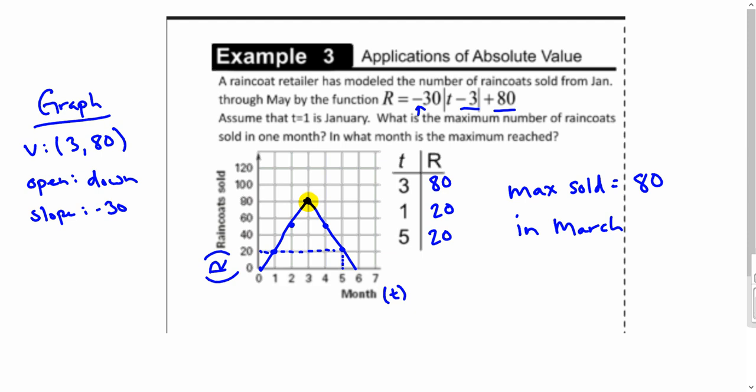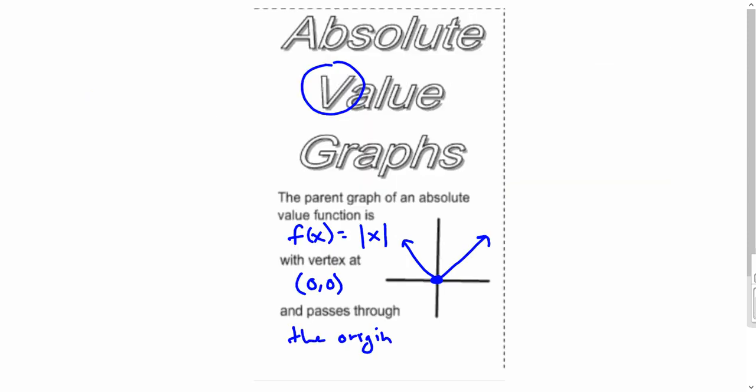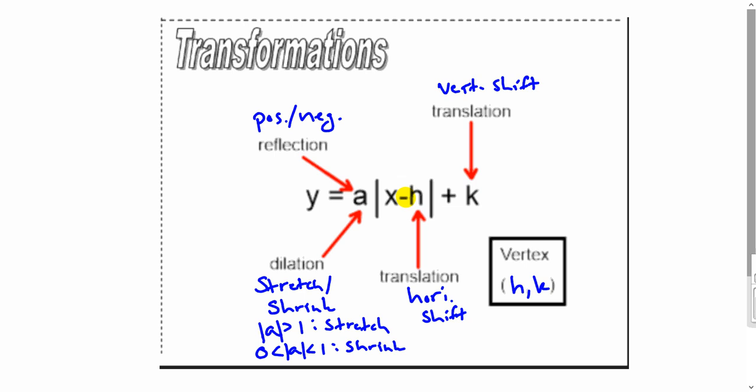Okay, so today, just to review, we've gone over how we graph absolute value functions. We've got a parent graph that looks like the letter V with a vertex at the origin. We can see how certain transformations can be applied to that parent graph that are identical to the transformations you have done to every other function you've ever learned how to graph.